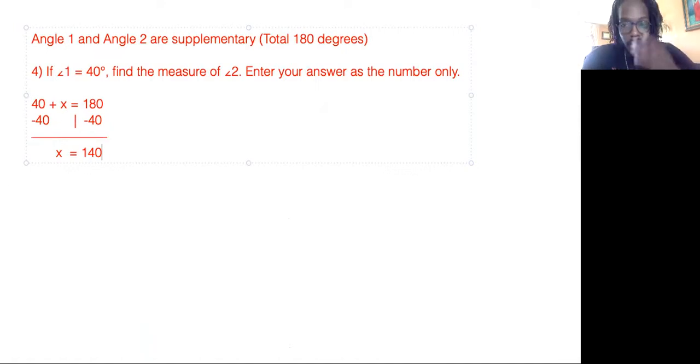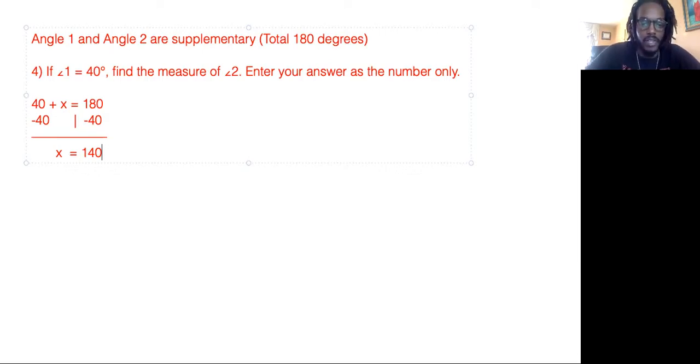Okay, so when I'm looking at this, I know that angle 1 and angle 4 equal 180 degrees total, which means that angle 1 being 33 plus, I'll just put X for angle 4, also equals 180. And if we subtract 33 on this side, let me make sure it's 33. Yes, we subtract 33 on this side, and then we subtract 33 on this side, we're going to get our value for angle 4, even if we just dressed it up and called it X.